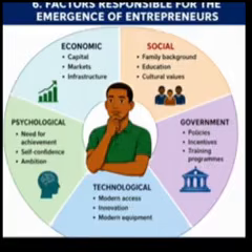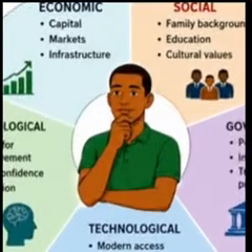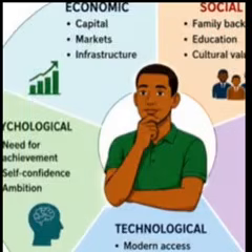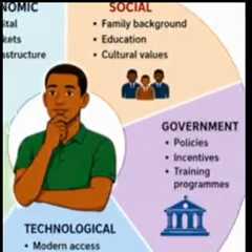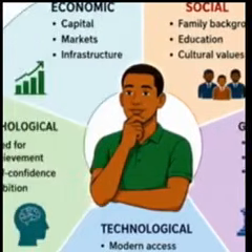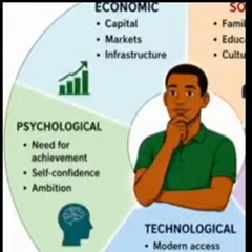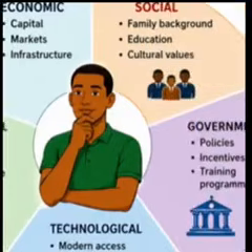Under the economic factor, we have factors such as capital, market, infrastructure. Under the social factor, we have family background, education, cultural value. Then under government factor, we have the policies, the incentives, training program.